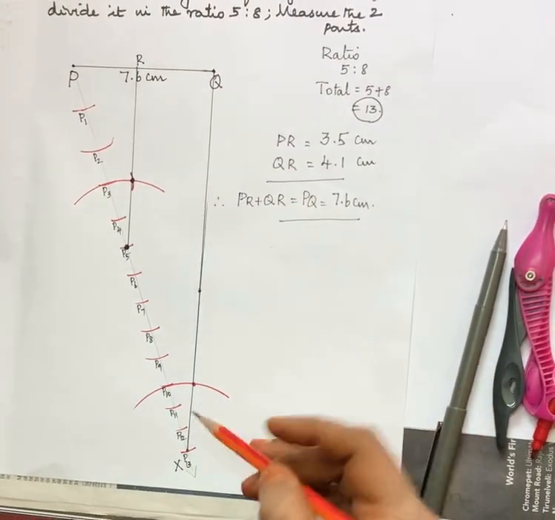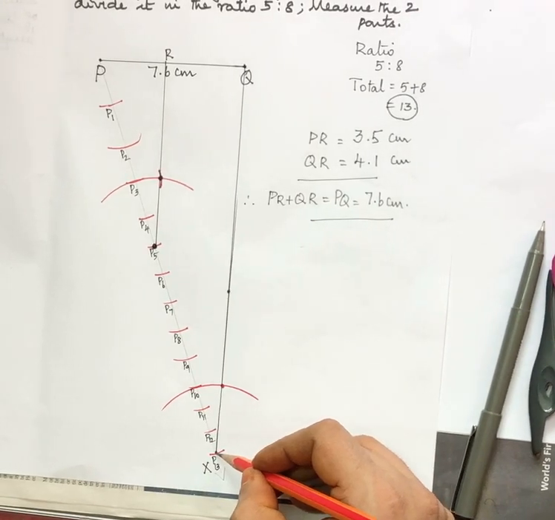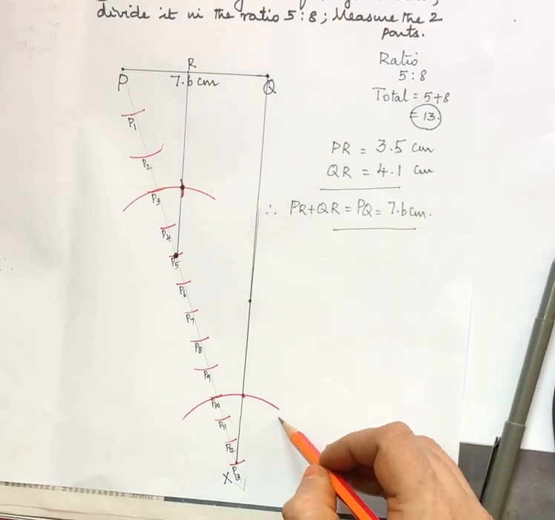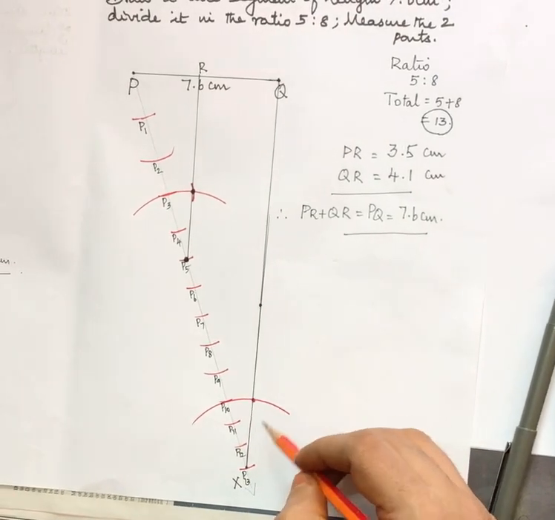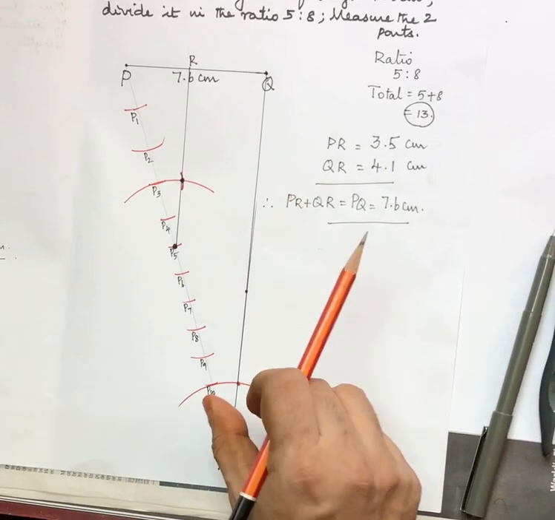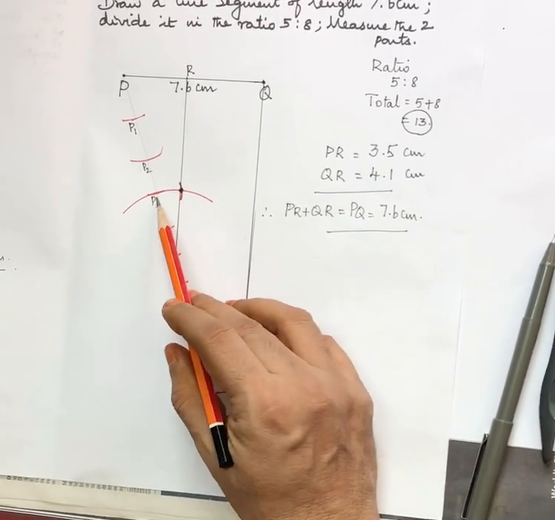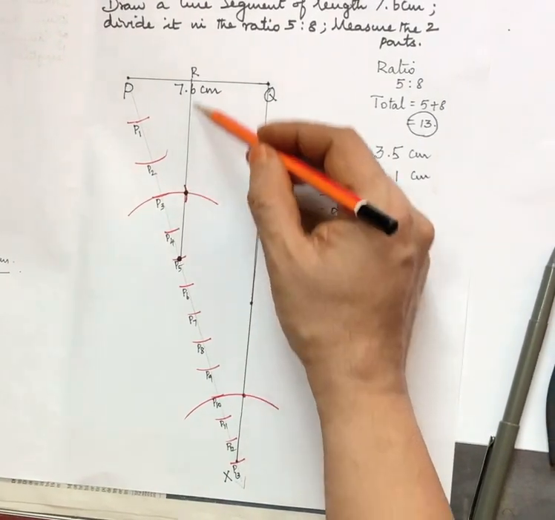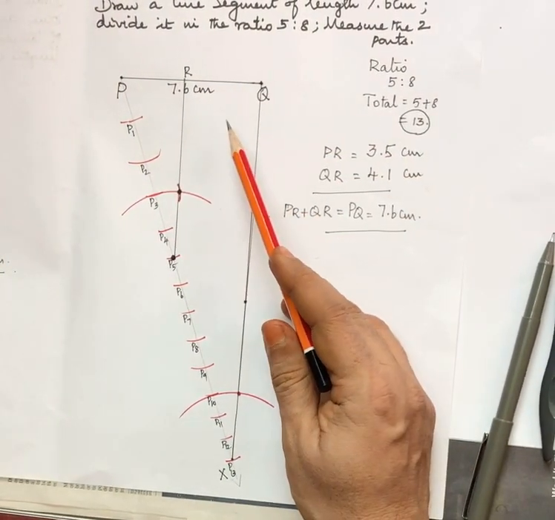Then draw a parallel line to P13Q. How to make that? Keep the needle at P13 with convenient radius and draw an arc. With the same radius you go to P5 and draw an arc. Then measure the angle at this place. Then join P5 and this point to the line segment.